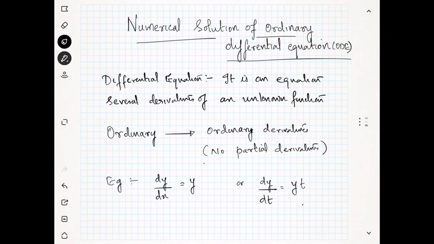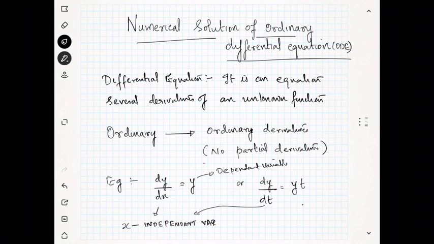So these are all differential equations. Here x is an independent variable and t is also an independent variable, and y is the dependent variable in both equations. So I hope this is clear.